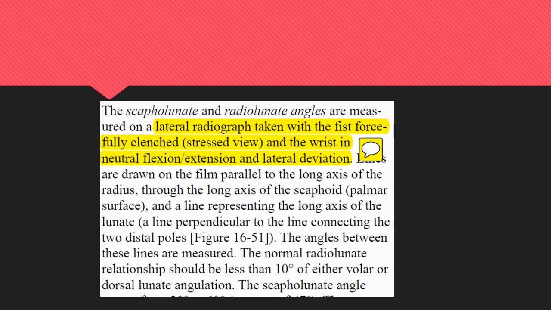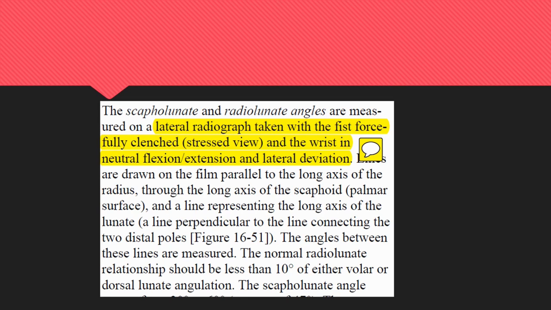The first thing you need to draw is the line connecting the two distal poles of the lunate. Once you have that line, you can drop your perpendicular line down through the lunate line, and then you can construct your radius line, and then the software will generally give you the radiolunate angle.